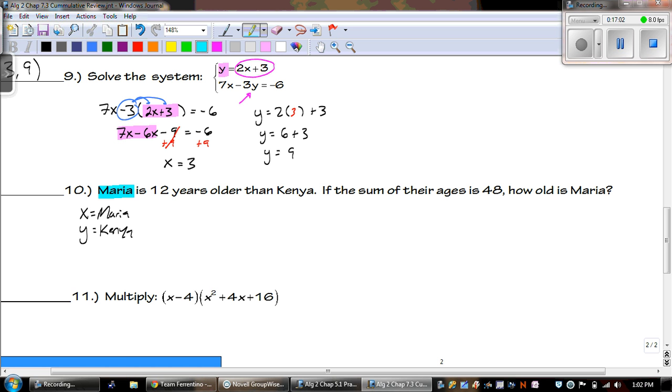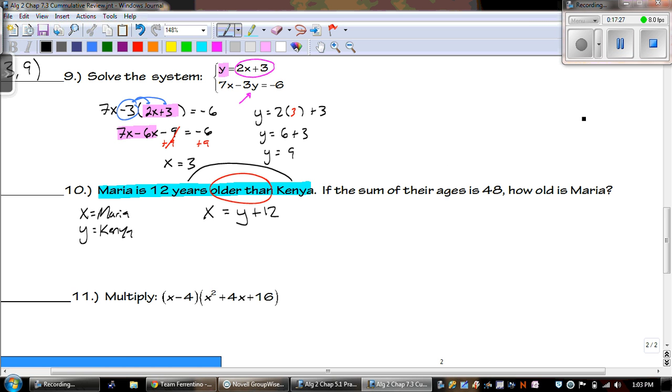So our first equation is right there. Maria is 12 years older than Kenya. Now, whenever we see older than, that's telling us that we have to switch the order. So we're just going to switch those two, so it's y plus 12.